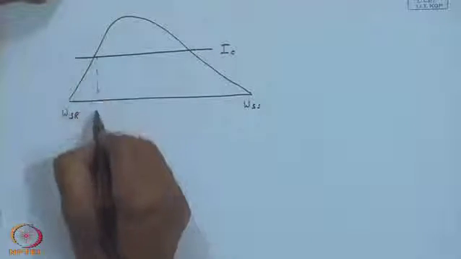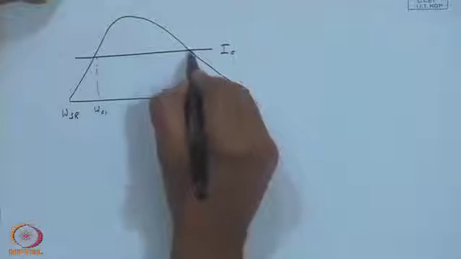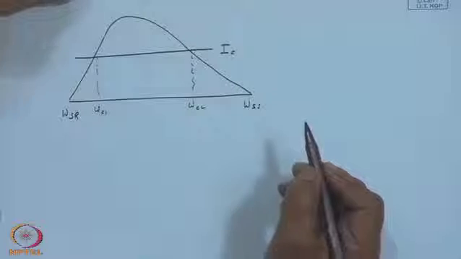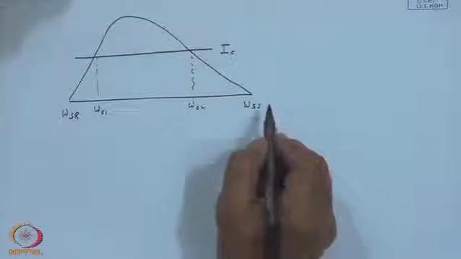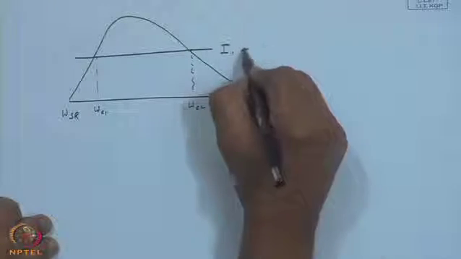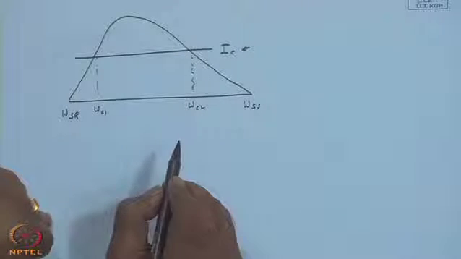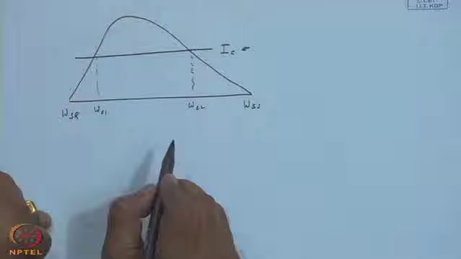So, this will be omega C1 and this will be omega C2. So, write down the equation for IT for the appropriate orientation, equate it to the number IC and solve for the omega, you will get two values, which will be omega C1 and omega C2, right.